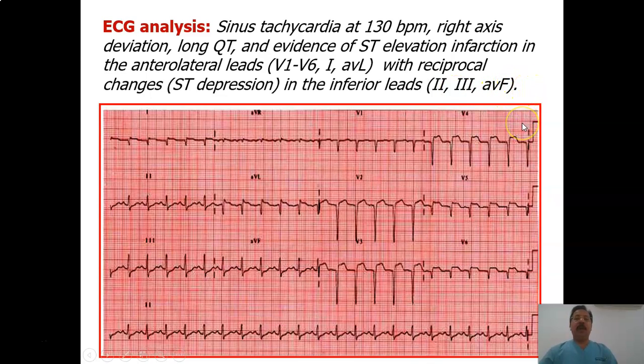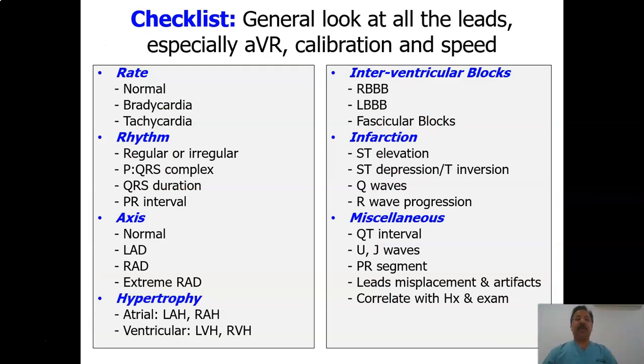But if you see the whole ECG and take the history, this is probably a blunt chest trauma. The ECG is secondary to myocardial contusion. This patient is, of course, not a candidate for thrombolytic therapy, as this is trauma induced. So again, a checklist.